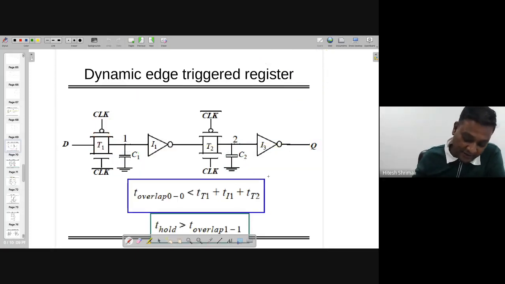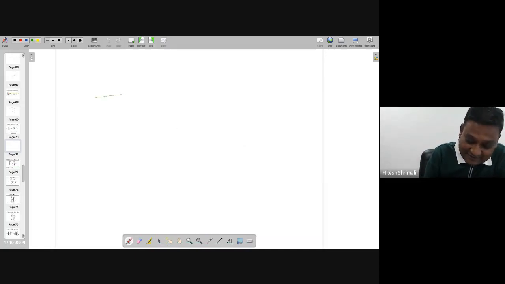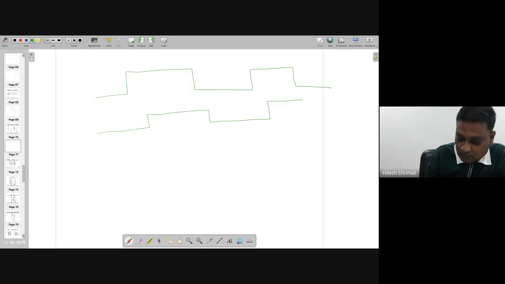Now, there might be the case that there are clocks which are like this. By the way, this one is known as 0-0 overlap, and this one is known as 1-1 overlap.